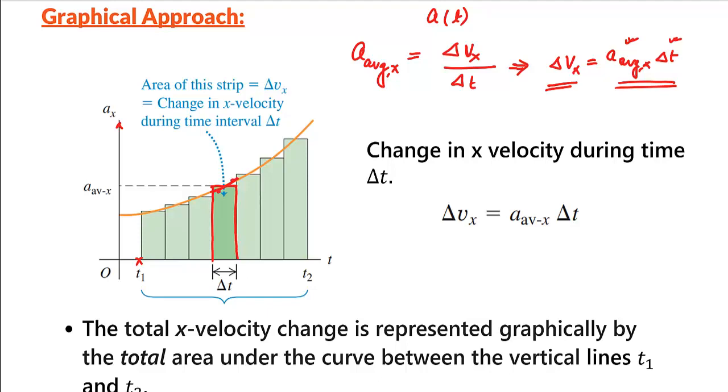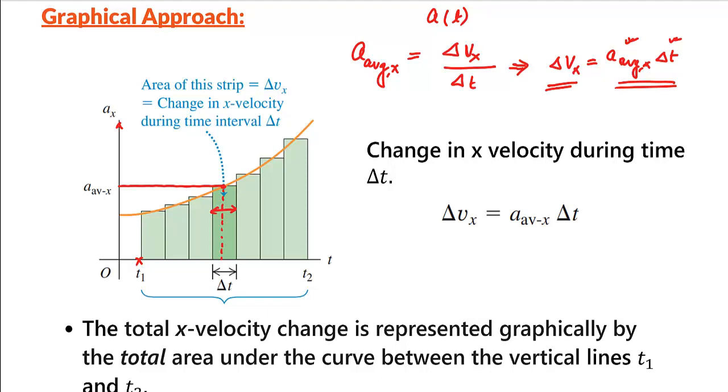But if you consider delta t very small, I can assume the acceleration is constant, or we can use average acceleration. So for this time delta t, the acceleration is the middle value or the average value. So for this rectangle I know the average acceleration.